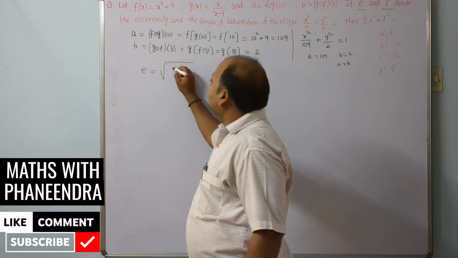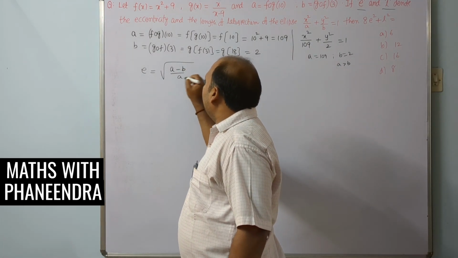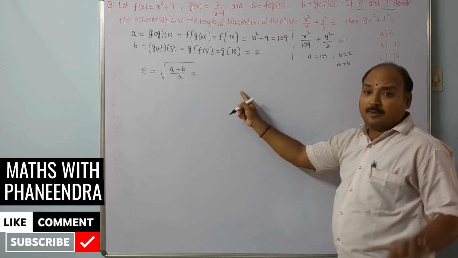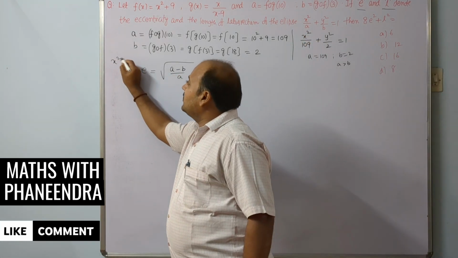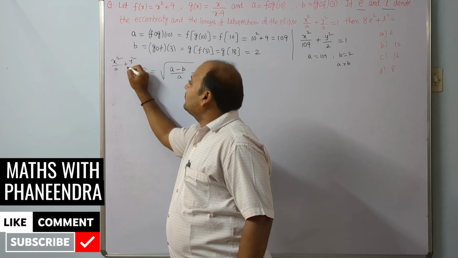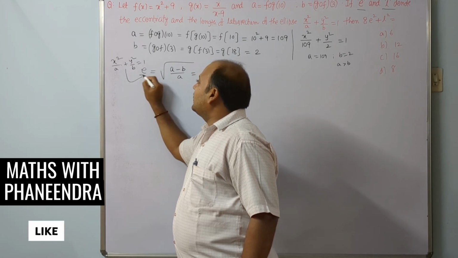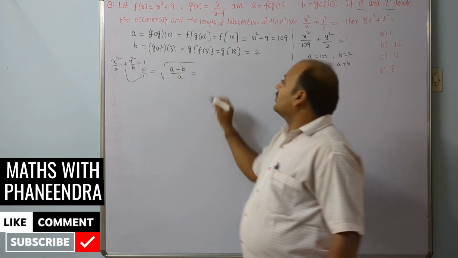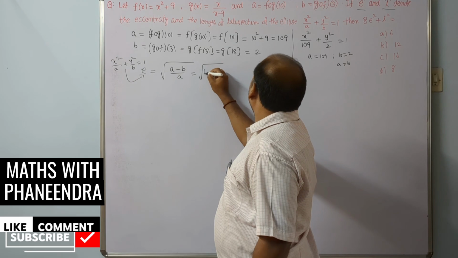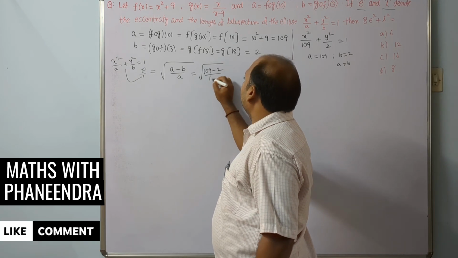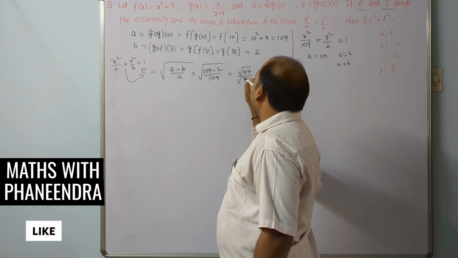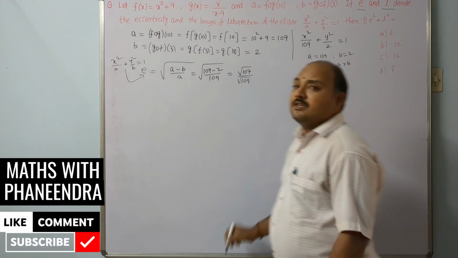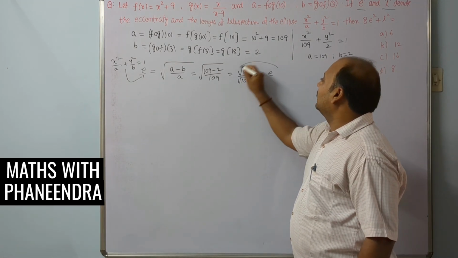The equation of the ellipse is x square by a plus y square by b equal to 1. So e equals root over (109 minus 2) divided by 109, which is equal to root 107 divided by root 109. This is the value of e.